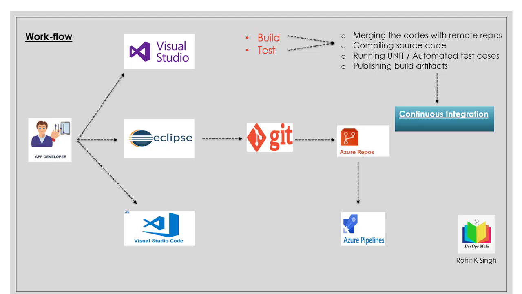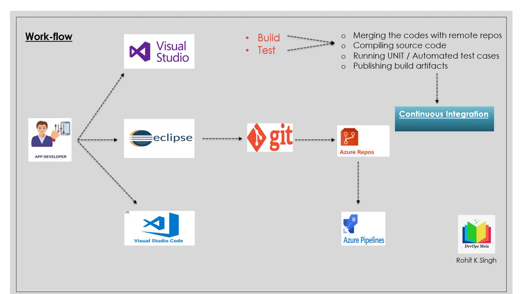So this is what your continuous integration basic flow should look like, and this is what you need to talk about in an interview when you're explaining that you have worked on end-to-end build and deployment for any application. Now this flow will not change irrespective of what application you're using, whether it's a Java application.